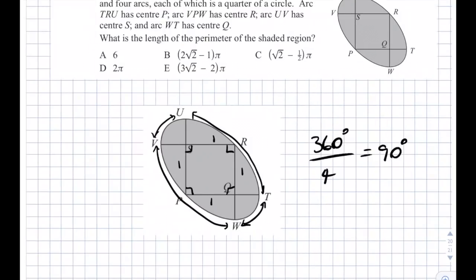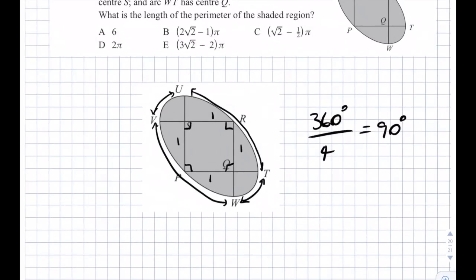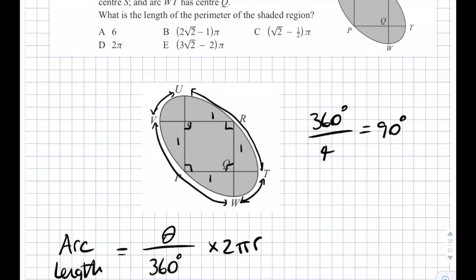Of course, there's a formula from GCSE to find the arc length, which is the angle theta divided by 360 degrees multiplied by 2 pi times the radius. We've worked out the angle, which is 90 degrees, but we don't know the radius of this arc, i.e. the length from P to U. But if you have a look at the length P to R, you will see that it's the diagonal of the square.